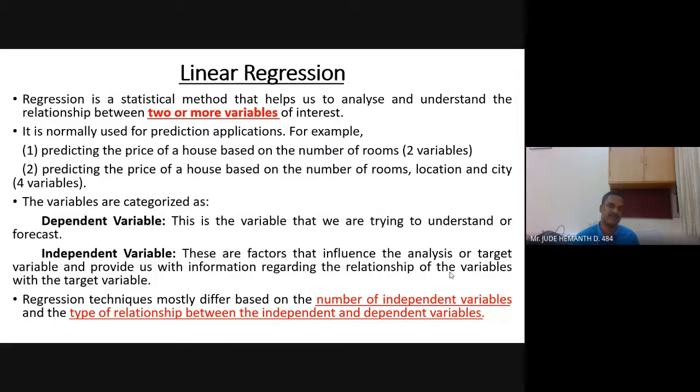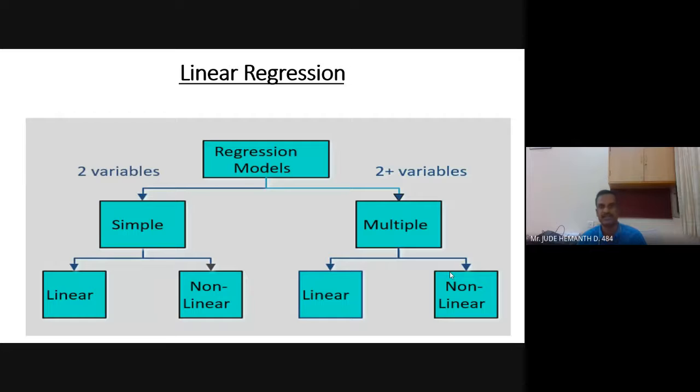So if that increases, then we are going to call regression as one type, or otherwise we are going to call regression as another type. And the type of relationship between the independent and the dependent variables. So based on these things, we are going to classify our regression into many types.